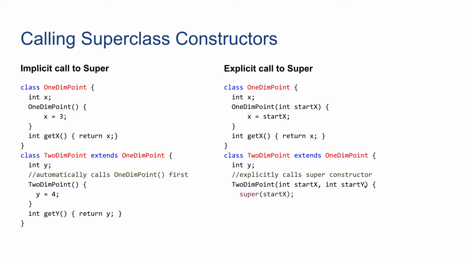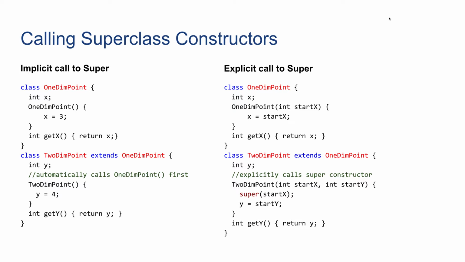And we're gonna make an explicit call to the super constructor. So calling super with exactly one argument, startX, will call the OneDimPoint constructor which takes one argument. So that will set x to startX. Then finally we can set y to startY.